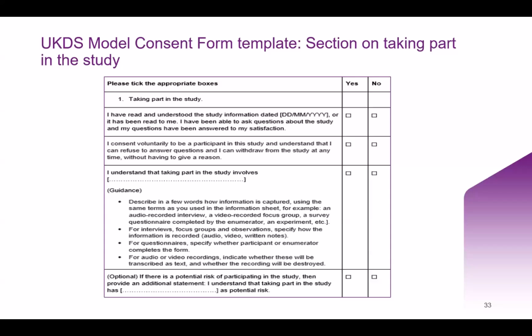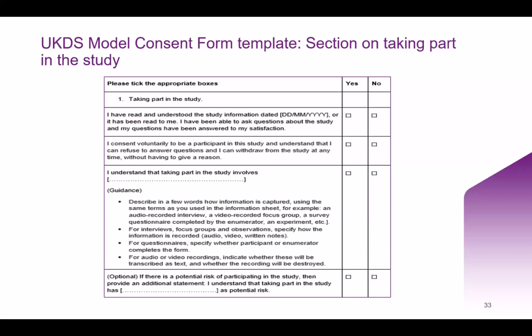You can see that this section is about taking part in the study, and it has captured several aspects, such as participants have read and understood the information about voluntary participation and about withdrawal. It also explains what they have to do, how information is being collected, or if there are any potential risks.